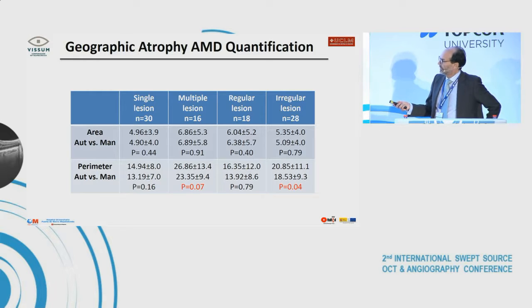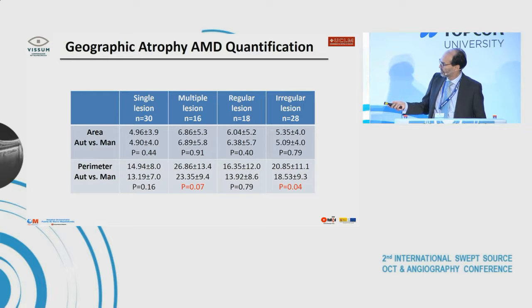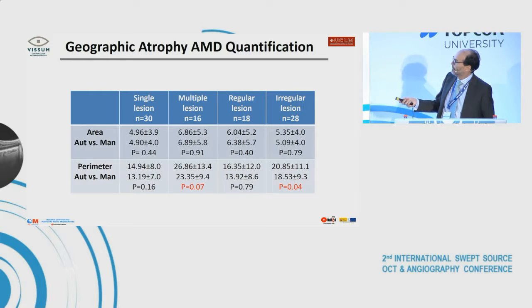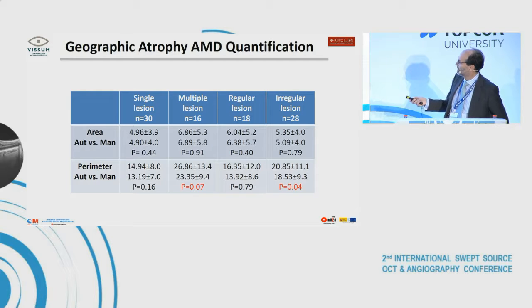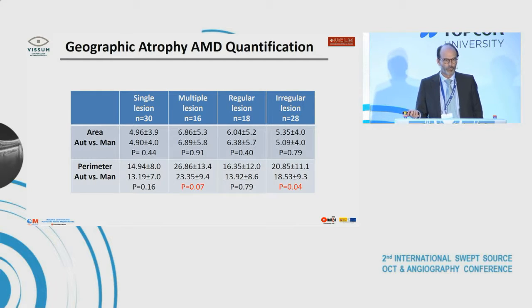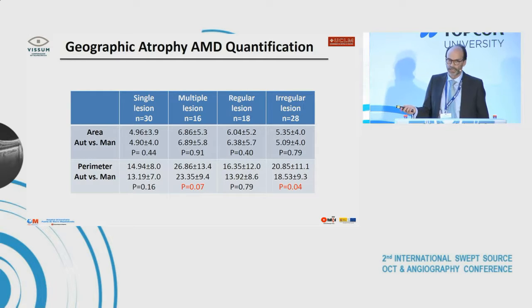And these are the differences between automatic area versus manual area. In single lesions, there are no differences. In multiple lesions, there are no differences. In regular lesions, the differences are also not statistically significant, and also in irregular lesions. The primary endpoint had very good results, with no differences in the determination of the area with automatic versus manual software.